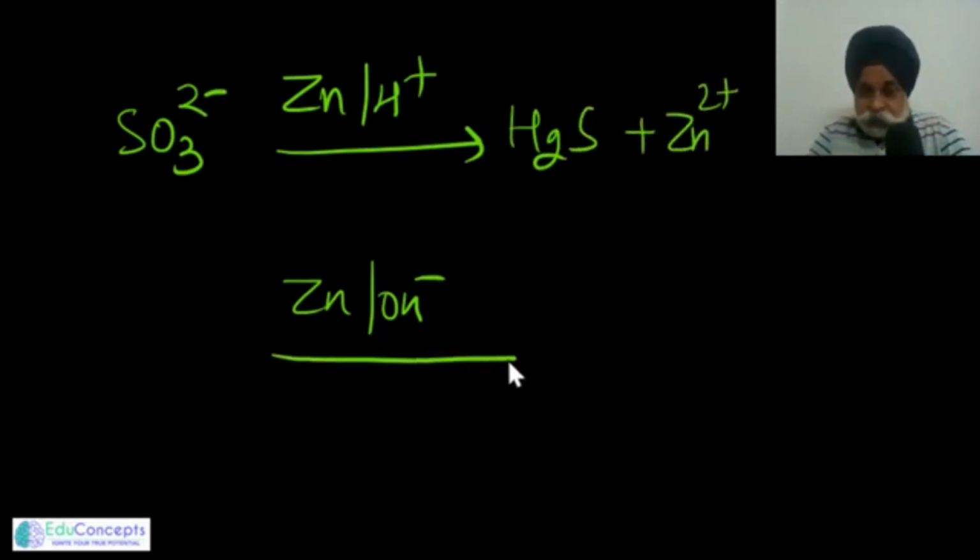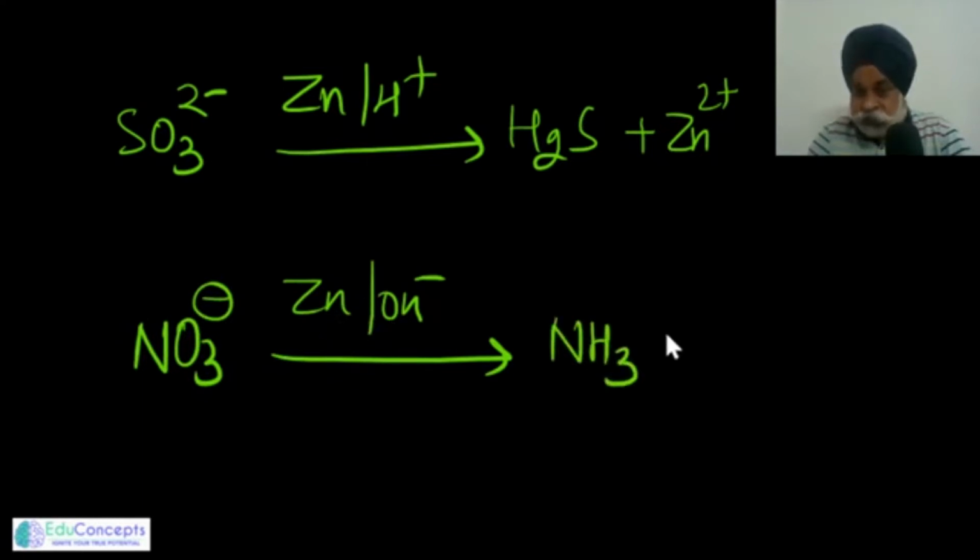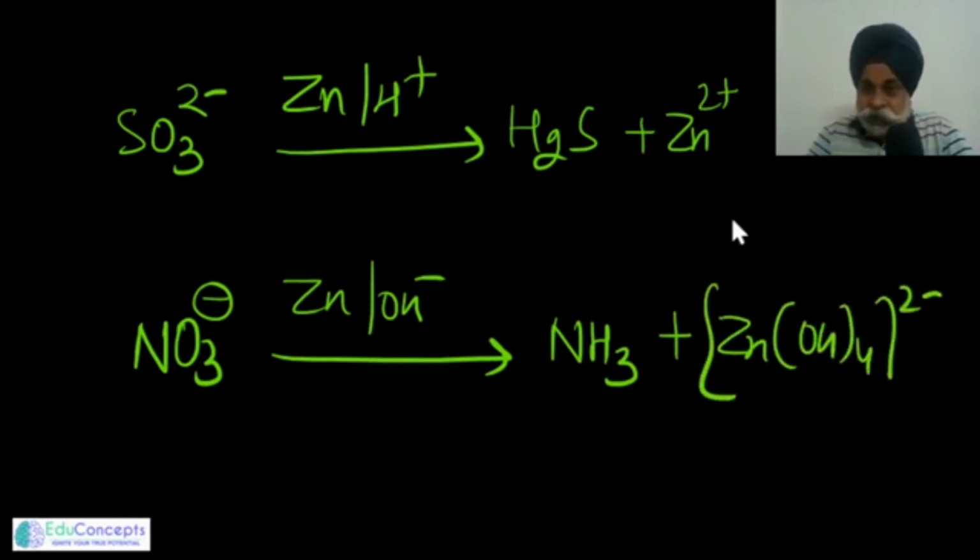But when you treat nitrate ion, this is very important, nitrate ion in alkaline condition with zinc, it reduces it to ammonia, and zinc itself changes into this particular soluble complex, where zinc is again in the +2 oxidation state. So nitrogen went from +5 to -3.